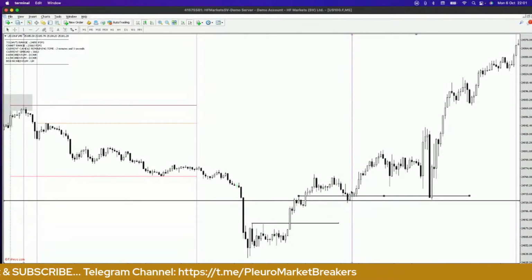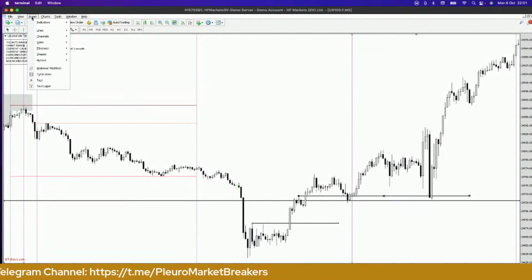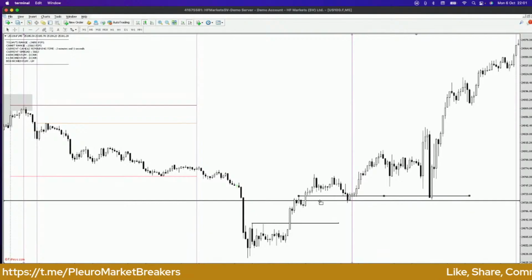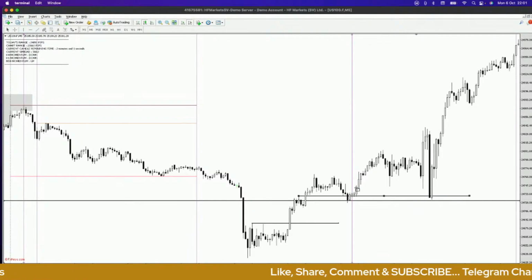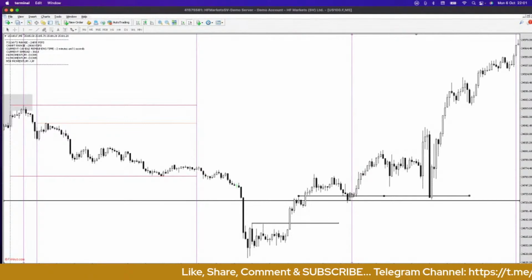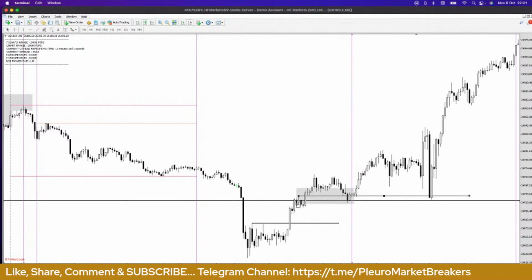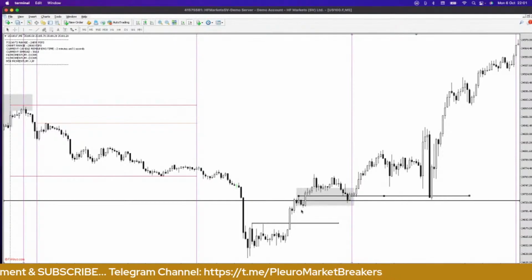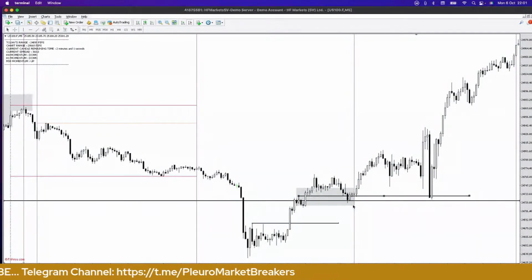All right? So, you buy here. Basically, at this candle is where I would buy. I wouldn't trust this one. This one's where I would buy. You put your stop loss down behind the order block that sponsored the move.